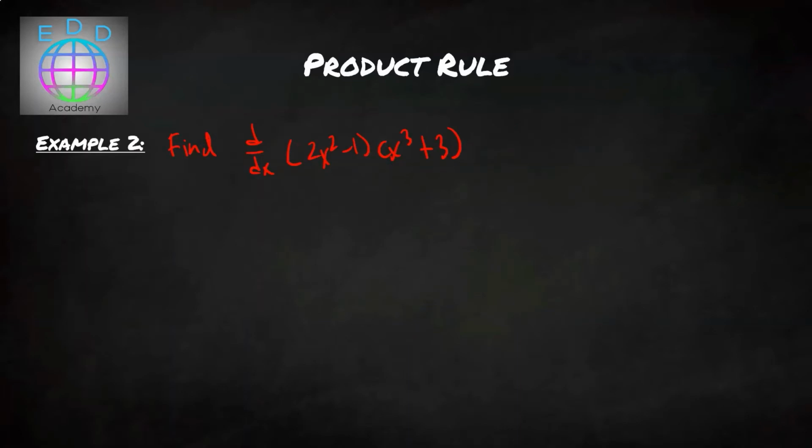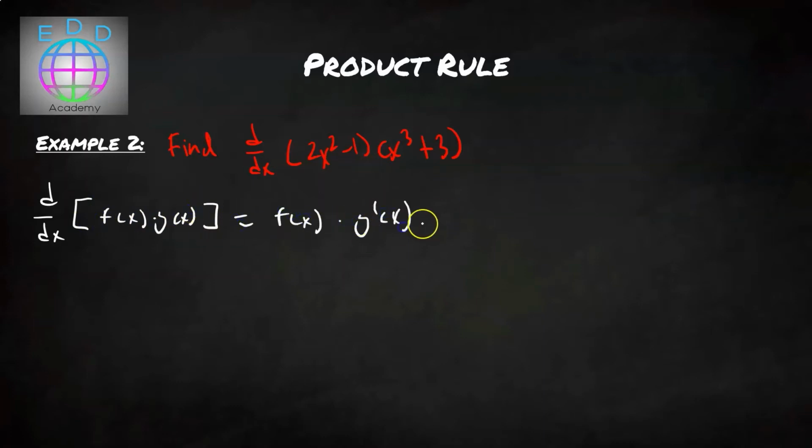Example 2 says, find d dx of 2x squared minus 1 times x cubed plus 3. Once again, rewriting the product rule, I'll do it a little bit faster this time. So for this problem, f of x is the quantity 2x squared minus 1.